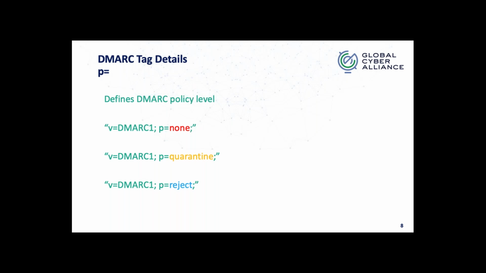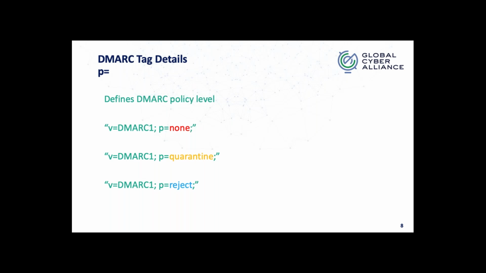The other thing to note about the P tag. This policy is obviously going to apply to the domain you're creating the policy for, but it also applies to the subdomains of that domain. So the P tag is not only for that domain, but also for any of the subdomains associated with that domain.